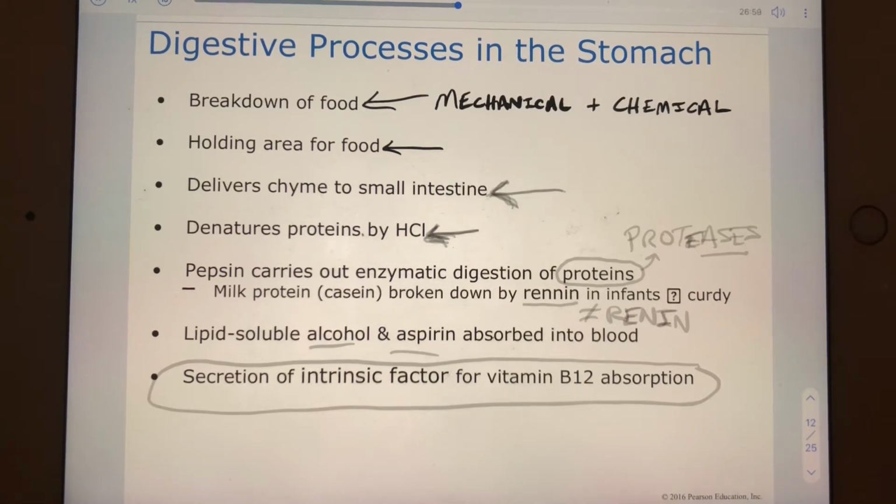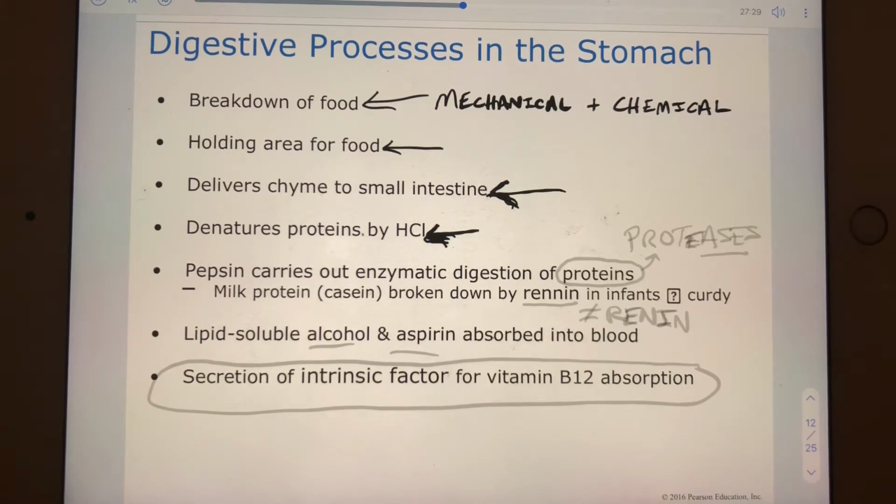Okay, the stomach is responsible for managing chyme delivery a little bit at a time to the small intestine, specifically the duodenum. The stomach is responsible for denaturation of proteins, which is part of chemical digestion, but it's also part of its sort of pit of despair aspect.